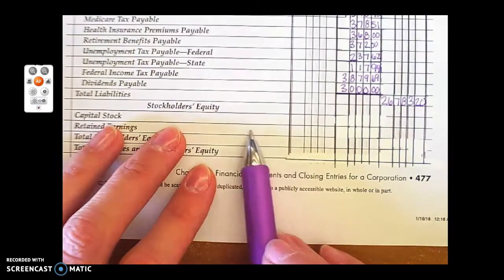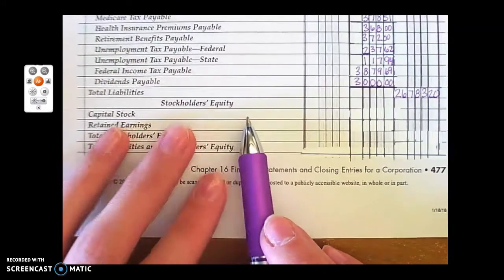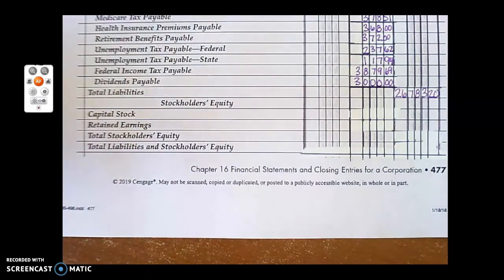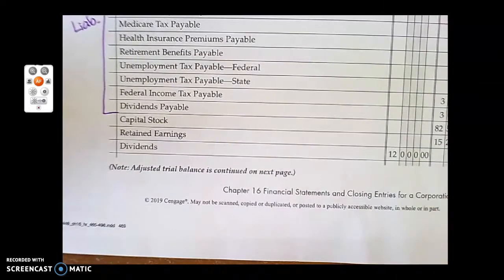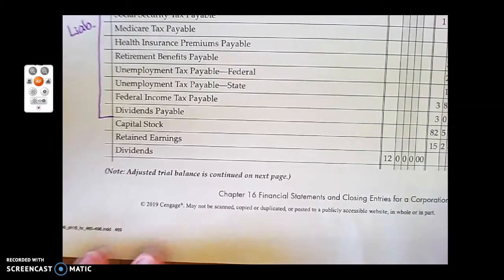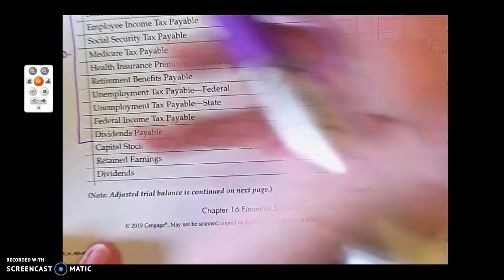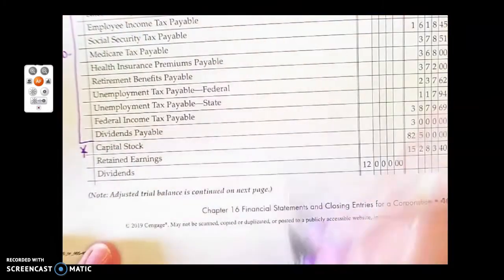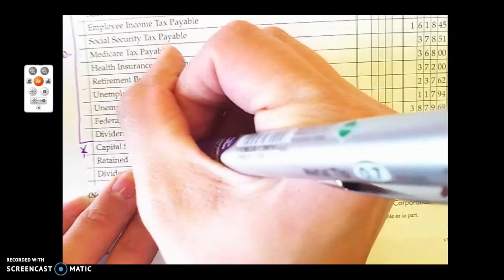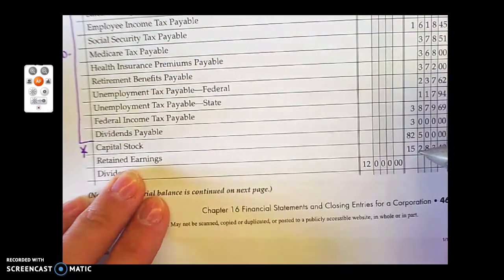So the next part will be your stockholders' equity, and we need to record our capital stock and our retained earnings. So first, if we look at our adjusted trial balance, we have capital stock and we also have retained earnings. However, you will take the capital stock number, but do not take this retained earnings number, because it would be incorrect.